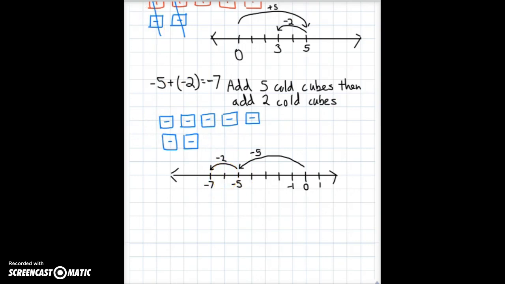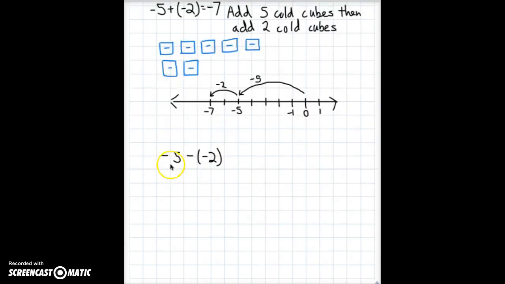Okay, let's try another one. This one says negative 5 minus negative 2. Take a moment and think, what does that mean about temperature cubes? How would you interpret that?